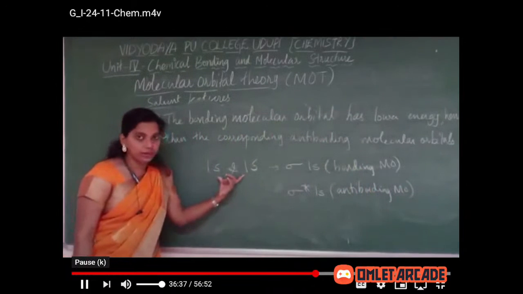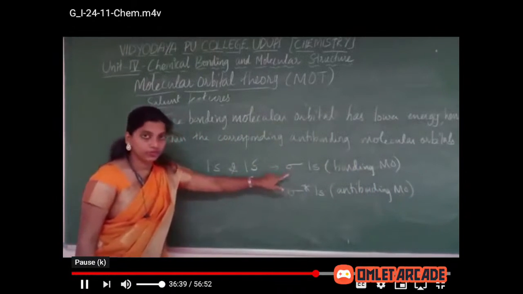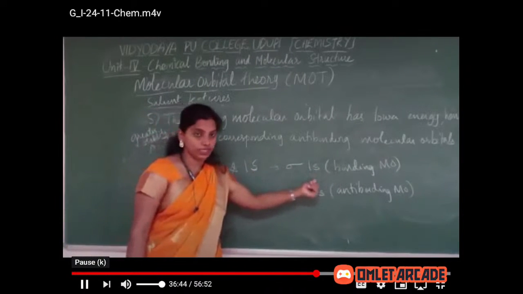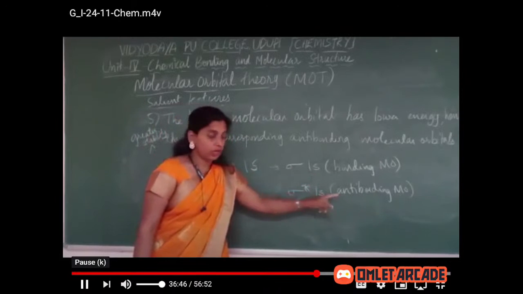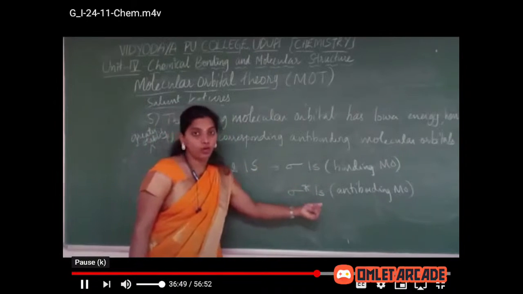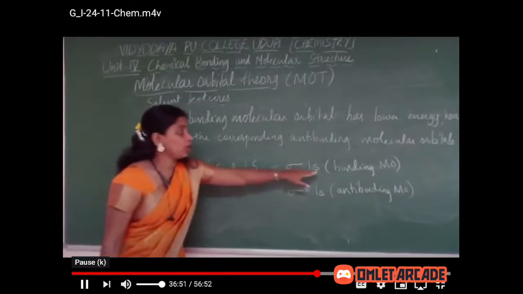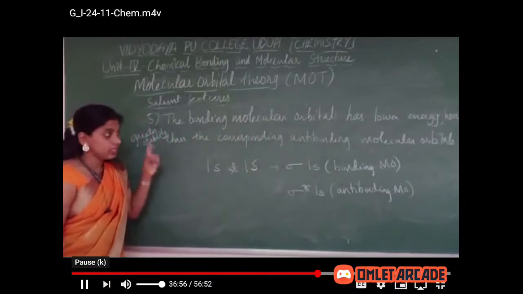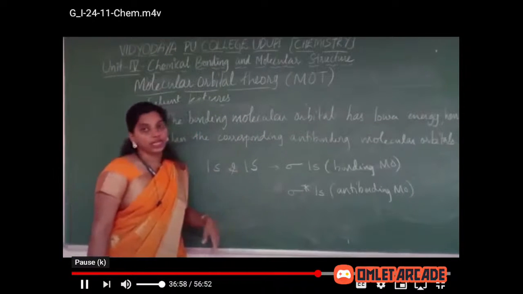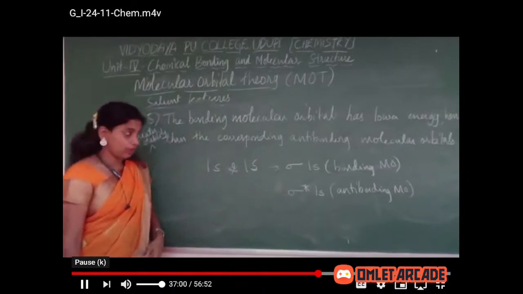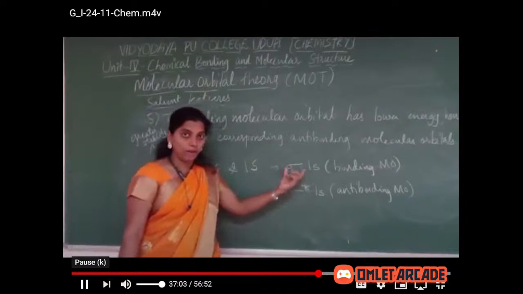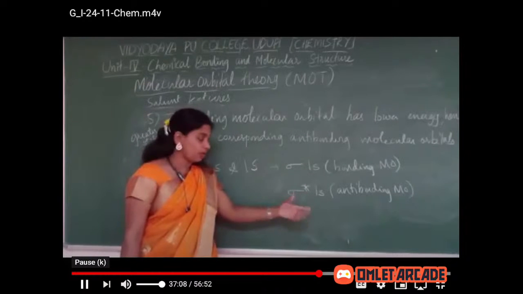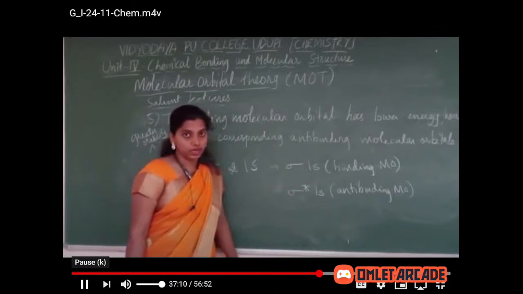Two atomic orbitals combine, so two molecular orbitals are formed. Here, bonding molecular orbital has lower energy, hence greater stability than the corresponding antibonding molecular orbital. When I say sigma 1s, you have to compare its energy with its corresponding antibonding molecular orbital, sigma star 1s.